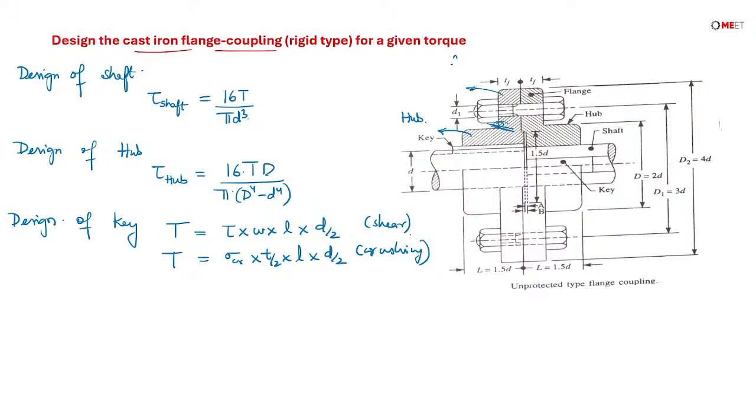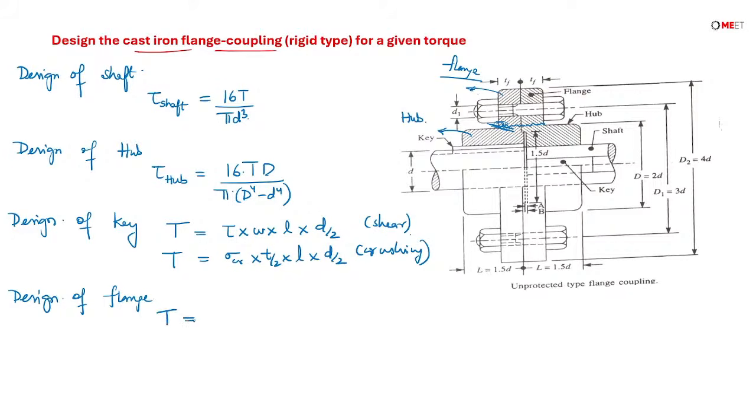Now here you are finding a sudden increase in cross section at this location. So for the flange, due to sudden increase in cross section, the flange is going to suffer shearing stress. Resistance may set up within the material that may shear off the flange.